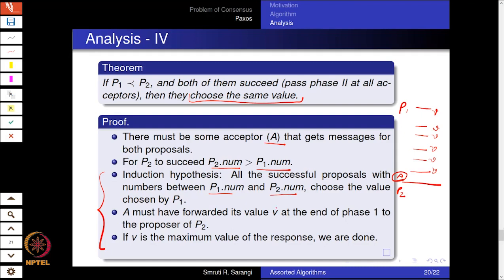So the value V that P1 chose must have been there with A, and A must have forwarded this value at the end of phase 1 to the proposer of P2. Right? So this is an important argument to be made here.